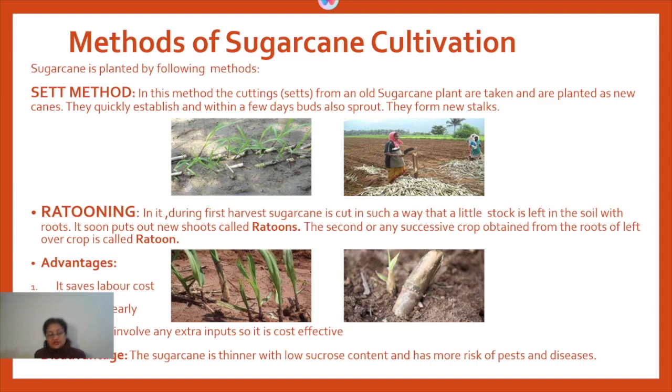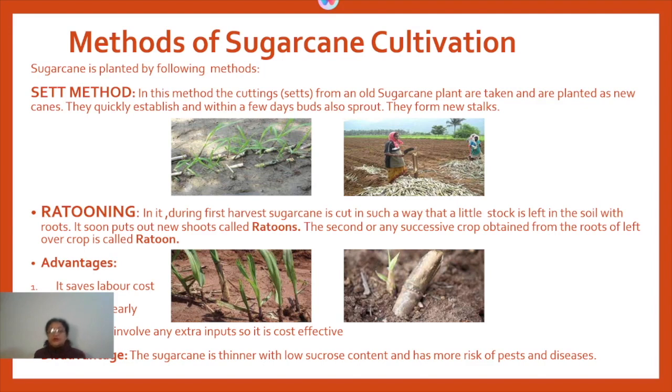Because in sugarcane, I told you in the earlier half when I was discussing it, this is a labor intensive crop. It needs a large number of laborers at different stages of its growth. So it saves labor cost to some extent, and in this way we are able to reduce the total cost of production of this crop.